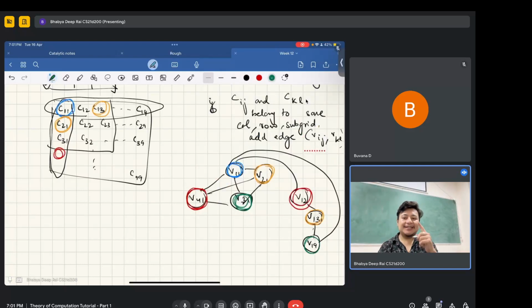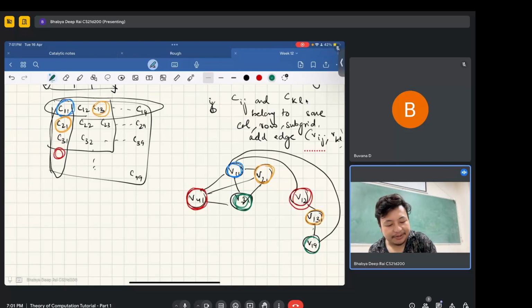Basically, adjacency represents that two vertices are adjacent because those two cells either share the same row or the same column or the same subgrid. So since they are adjacent, they cannot be colored the same, which means if two cells are in the same row, then they cannot be numbered the same. So if I give a proper 9 coloring, then I'll get a proper numbering on this row, because each color corresponds to a particular number.